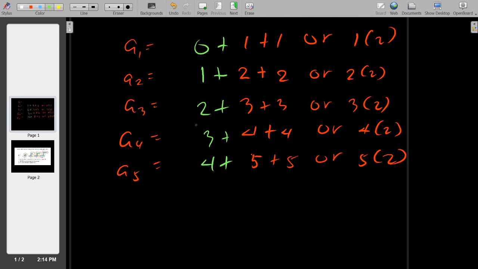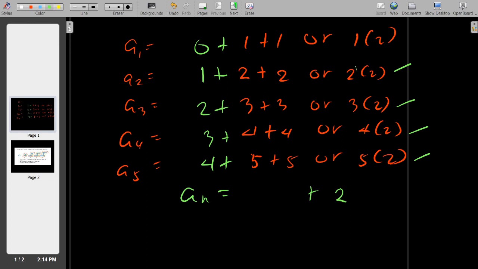So if we write now the nth term formula, we can write it as A sub n equal to some formula. So notice that this is 2 times 2, this is 3 times 2, this is 4 times 2, and this is 5 times 2. Notice that 2 is a constant, so we can write here plus 2.